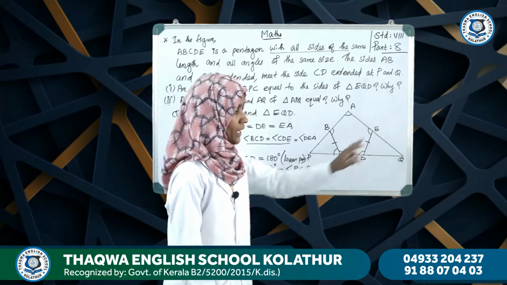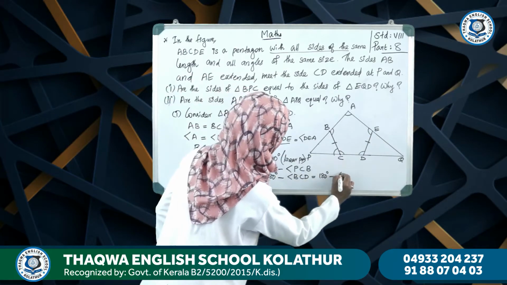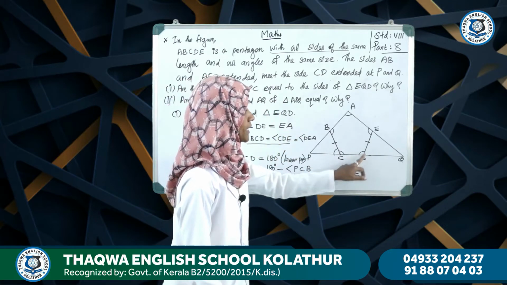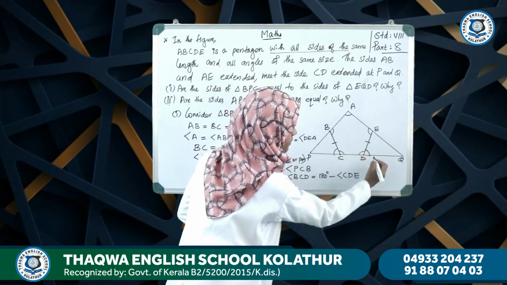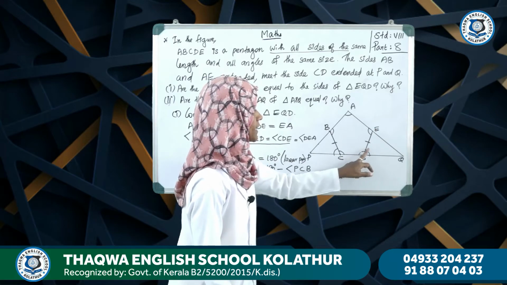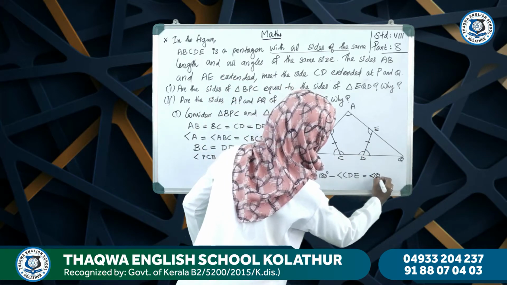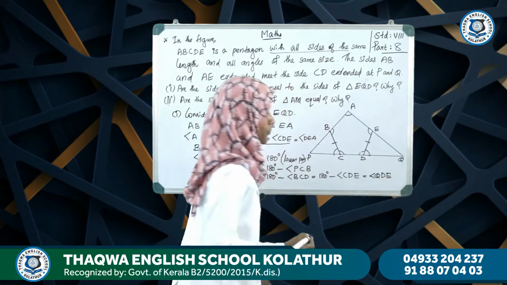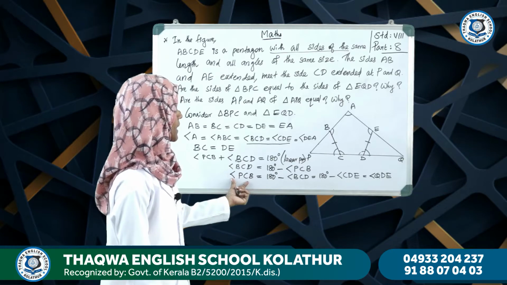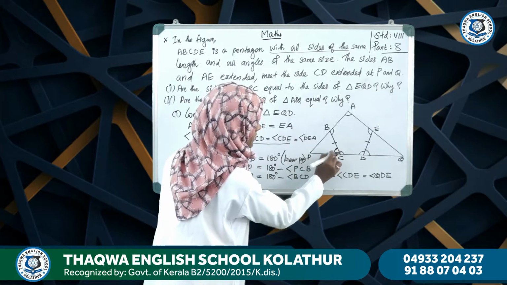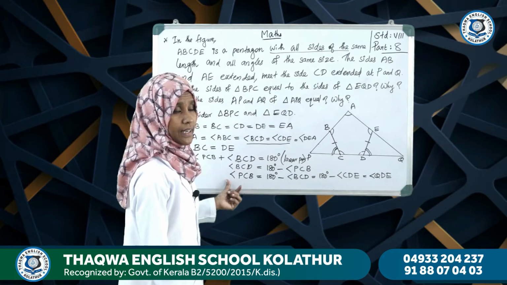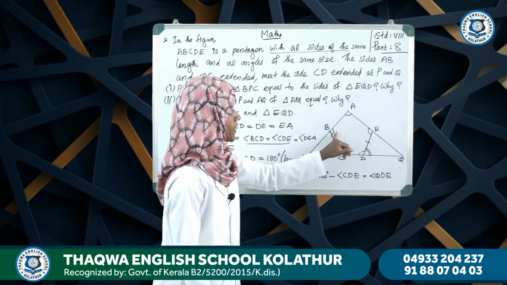This 180 minus angle CDE is angle QDE. So we get angle PCB equals angle QDE. Clear?